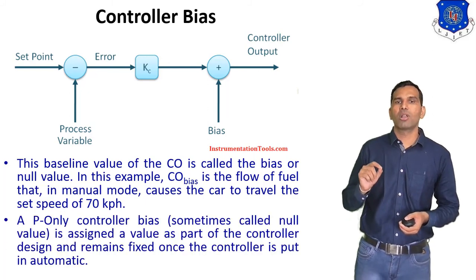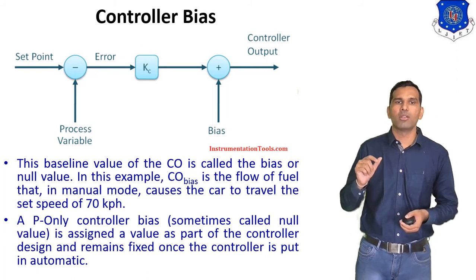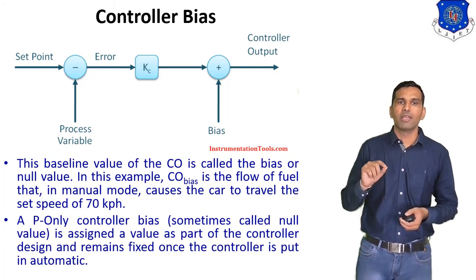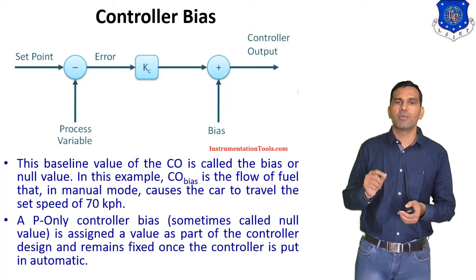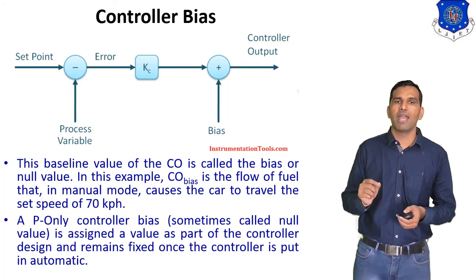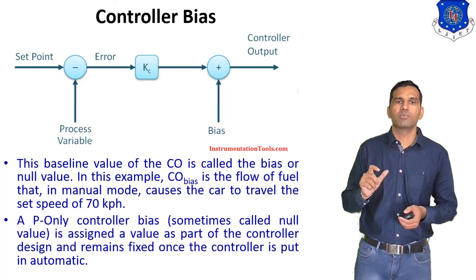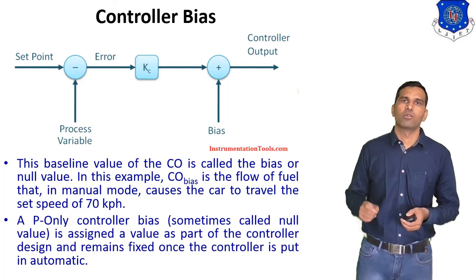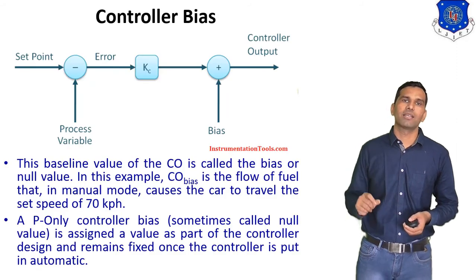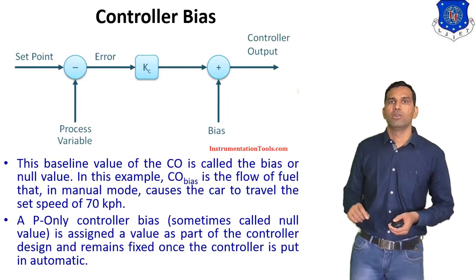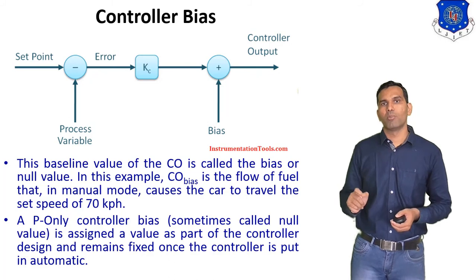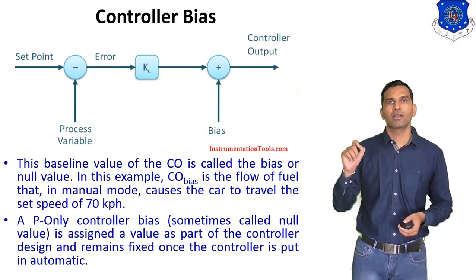A P-only controller bias, sometimes called null value, is assigned a value as part of the controller design and remains fixed once the controller is put in automatic mode. So this is the importance of the controller bias in the P-only controller. That's why we give the bias signal in controlling.